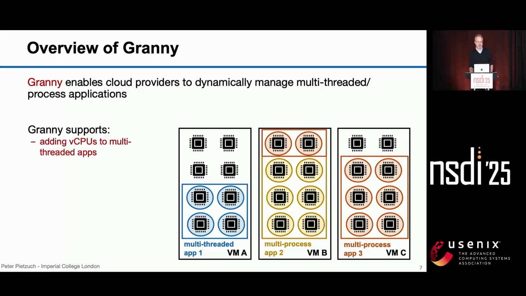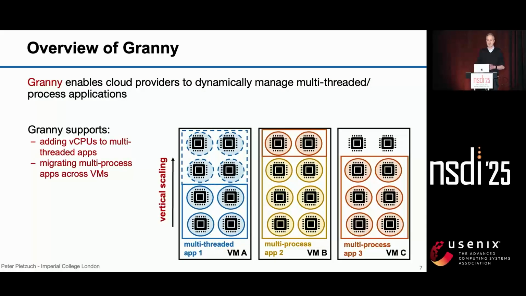What Granny supports is adding additional vCPUs to multi-threaded applications. Here we have multi-threaded application 1 running on VM A, the blue one. We can now vertically scale that application, increasing the parallelism, allocating further vCPUs on that VM when they become available. The second feature that Granny allows us to do is that we can migrate multi-process applications across virtual machines.